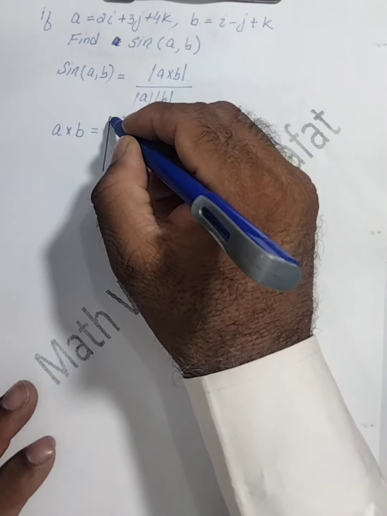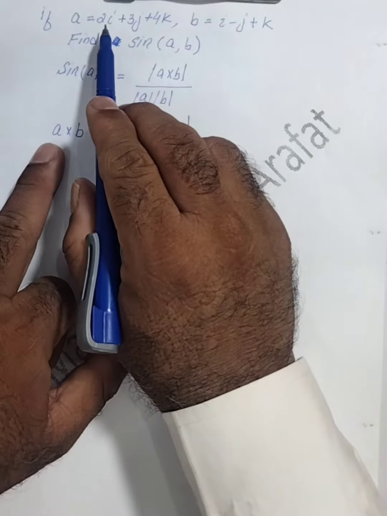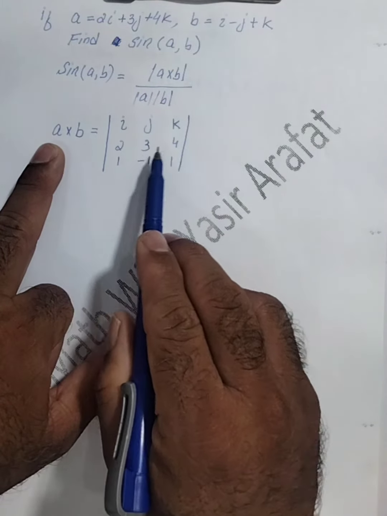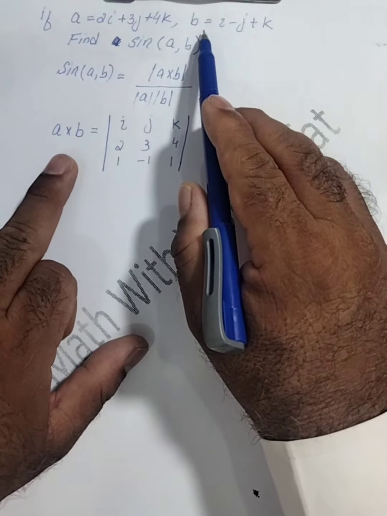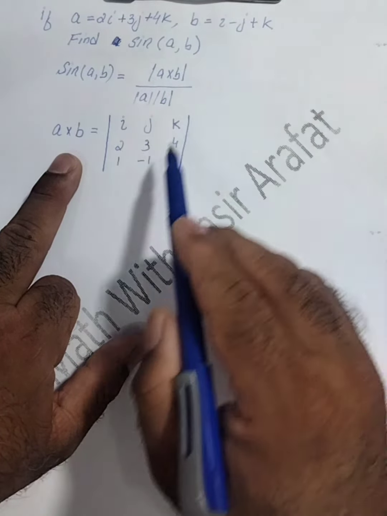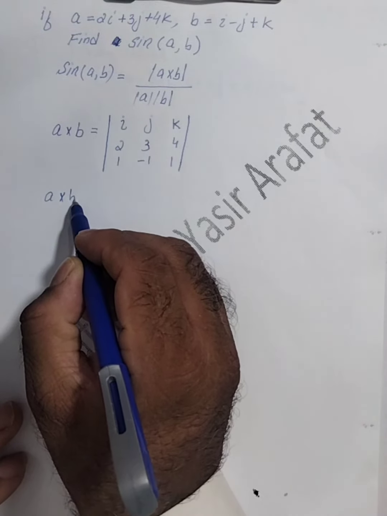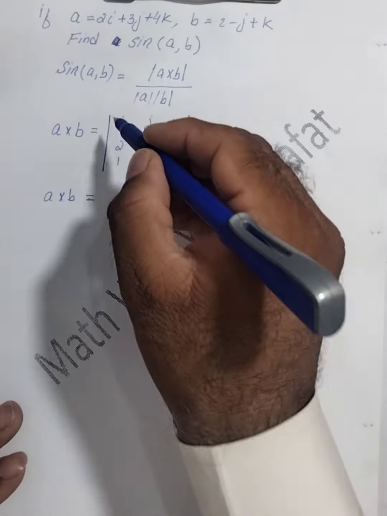This is the determinant of A cross B. A means the first vector, the coefficients of i, j, k are 2, 3, 4. And B means the second vector, we write down its coefficients 1, minus 1 and 1. Now we have to expand this determinant from R1.